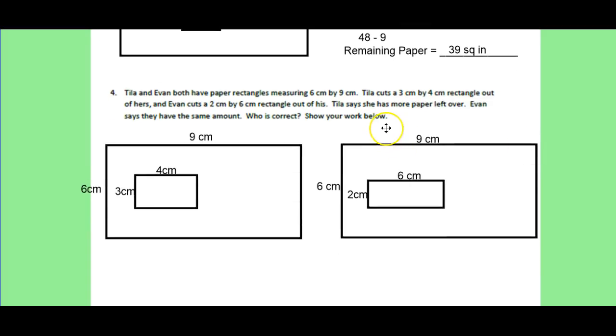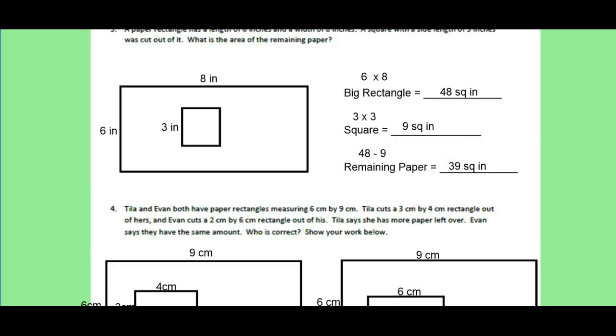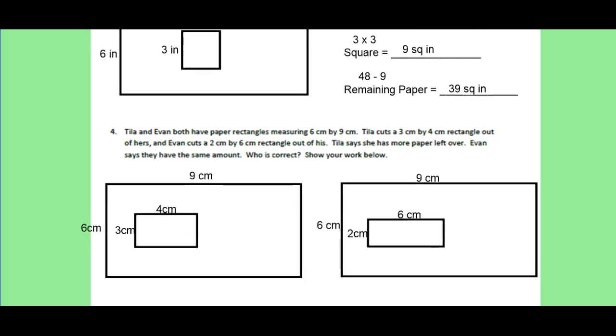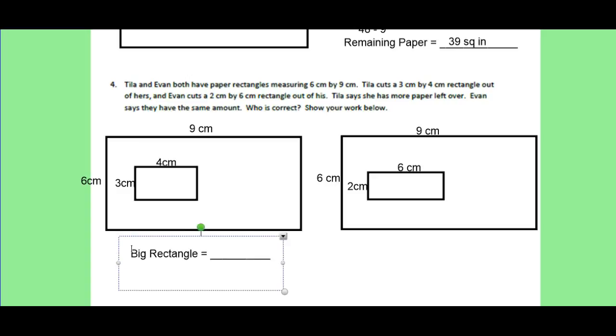Notice it doesn't say to explain your answer, but it says show your work, and you just have to put who is correct. So our work is going to kind of be what we just did. So what I want you to do is, under both of these, put big rectangle, put down what that area is equal to, and then put small rectangle, what that is going to be equal to, and then we're going to put leftover, because that's what we're talking about, how much they have left over, and what that is equal to.